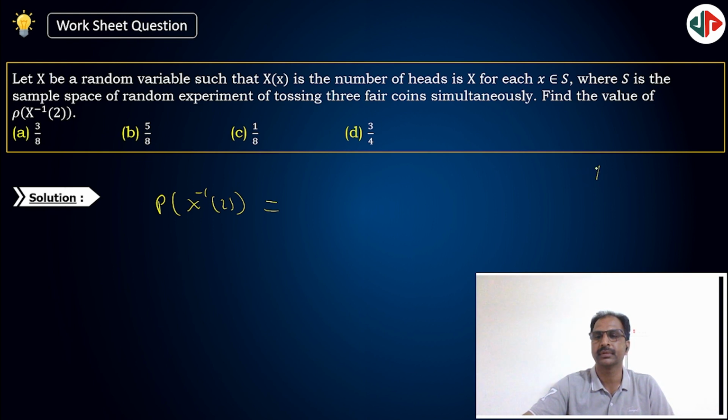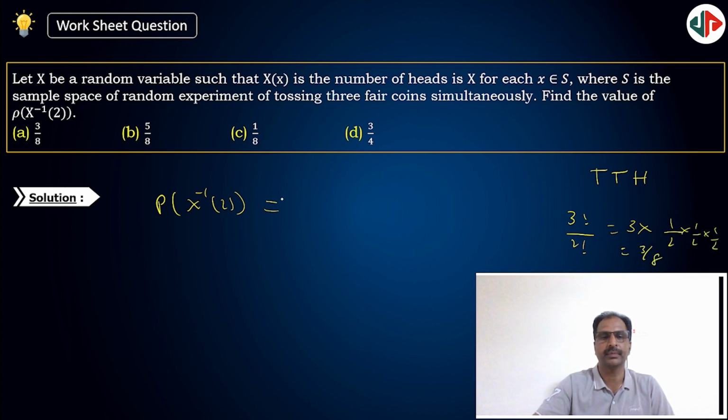Which means you should get 2 tails and 1 head. This can happen in 3 factorial by 2 factorial, 3 ways, and in each case, what is the probability? 1 by 2 into 1 by 2 into 1 by 2. So 3 by 8 is the required probability.